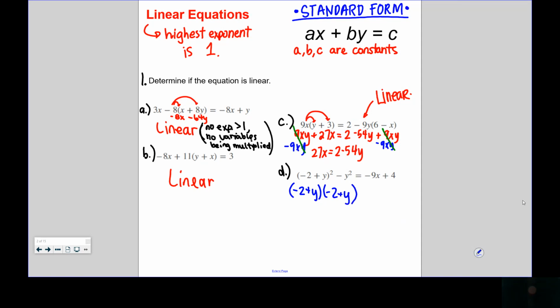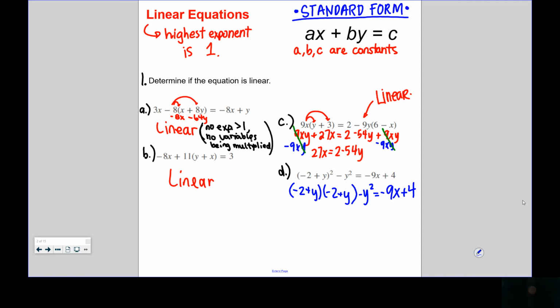You have to actually FOIL that out. If you just square each term, you're going to be missing the middle term. I'm just going to write the rest of the problem here. Minus y squared equals -9x plus 4.